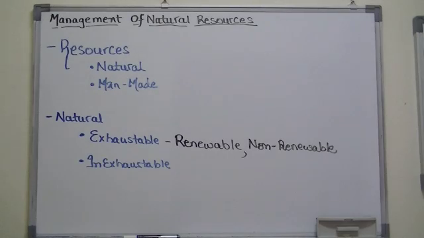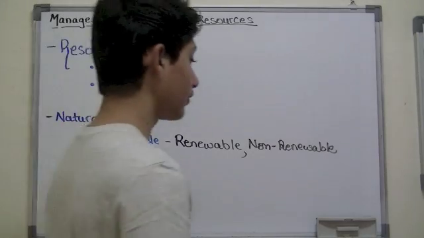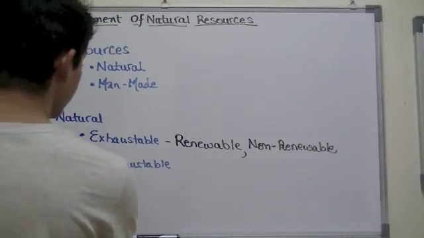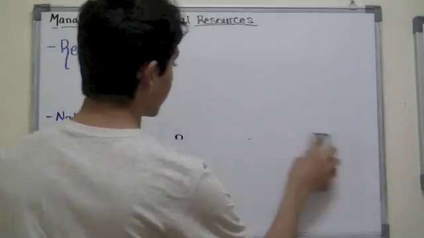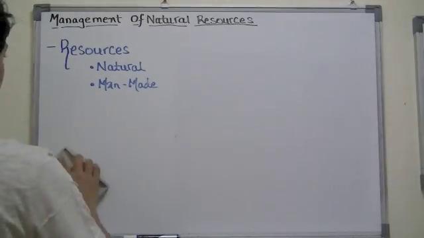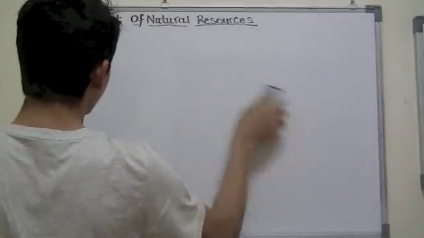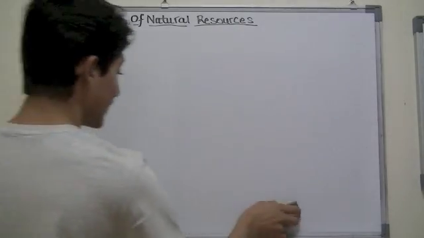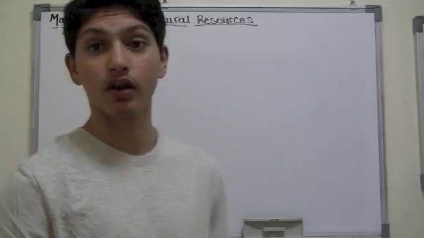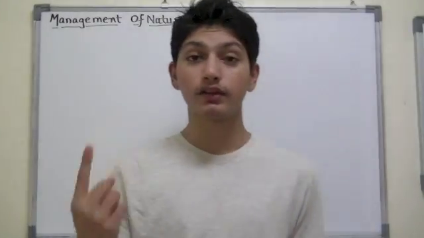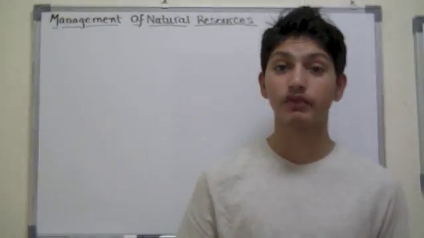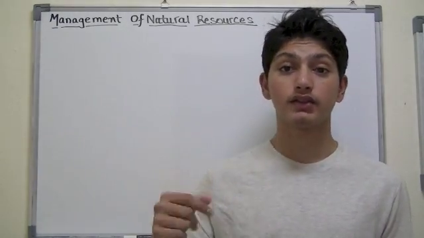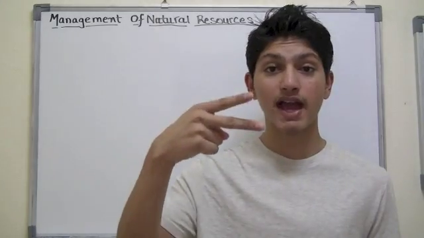Now as we move on to conservation, okay? So we talked about this. Now let's go ahead and talk about conservation. But before we actually move on, I want to elaborate on what aspects we just talked about. We just talked about certain types of resources. Types of resources, we concluded, divide into two groups: natural and man-made resources.